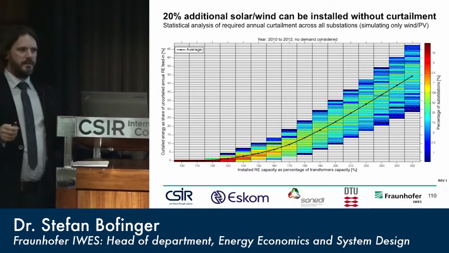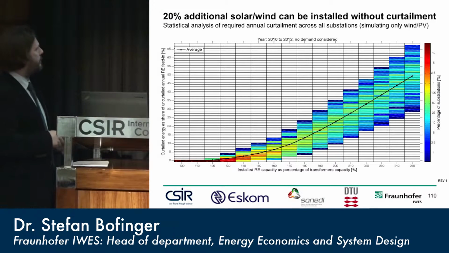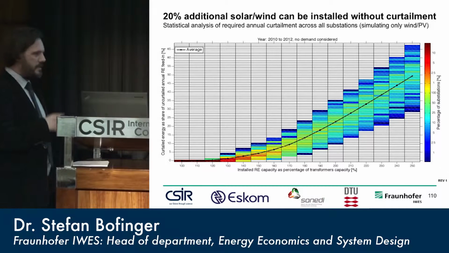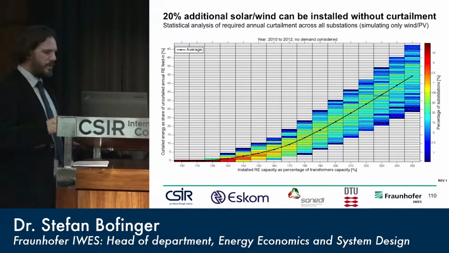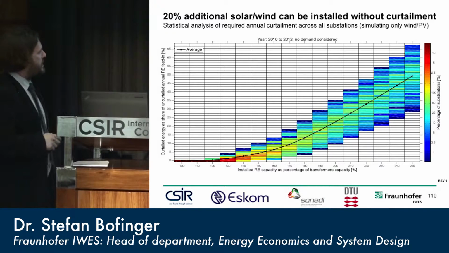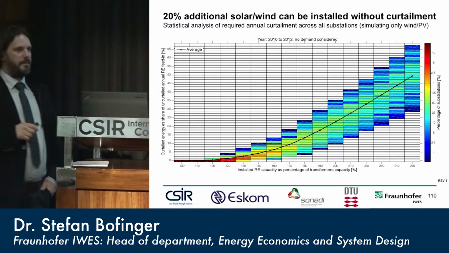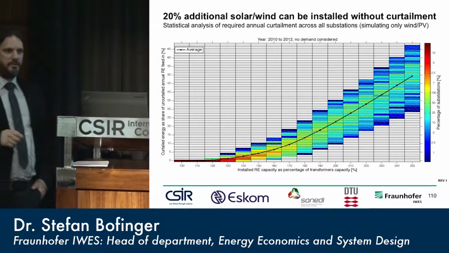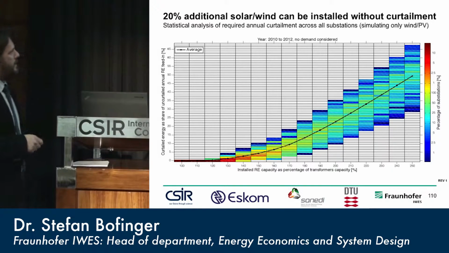So in total, the installed renewable capacity is equal to the transformer capacity. What we did is just count how much energy, for different penetration levels, has to be curtailed for these different cases.